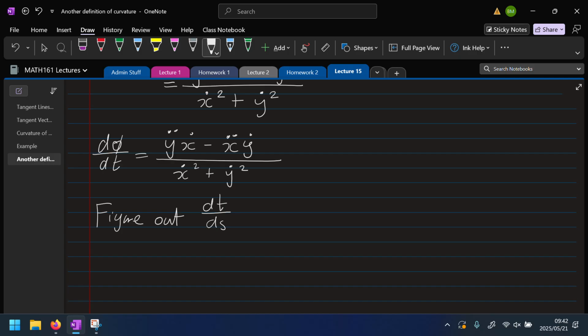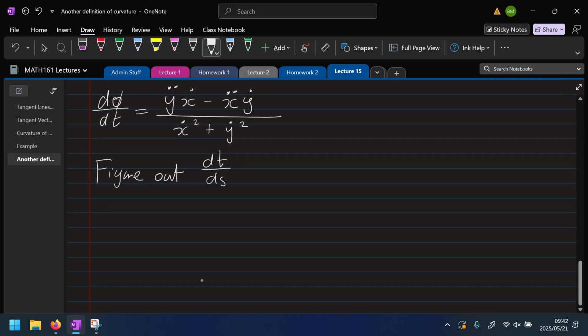To do this, we're going to do a little sketch of the curve, and we're going to zoom in on a very tiny bit. So we've got our curve here, and then this tiny little bit we're going to zoom in on. And we want the length of the curve, right? s, that was the length. So that's this tiny little bit here.